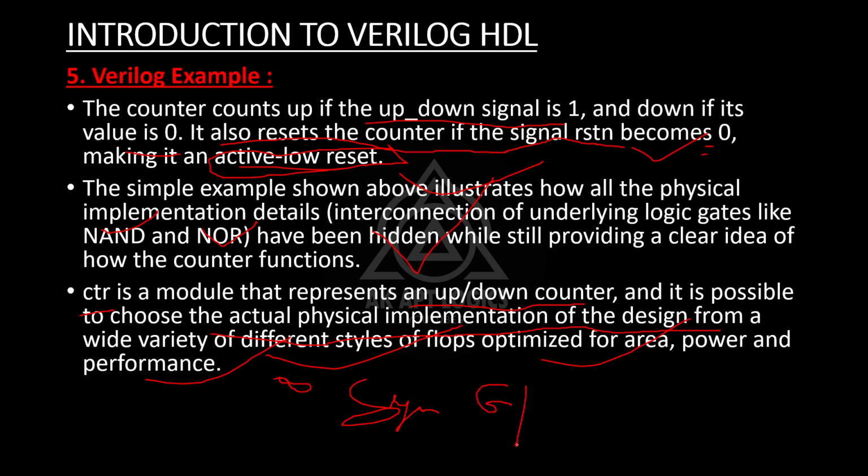When we convert this design into a gate level netlist, we have to do some optimizations. Optimizations in the sense we have to reduce the area of the generated gate level netlist and the power of the design which we have generated from the design code, and by doing all this we will get a better performance. All we are going to do is reduce the power and the delay.